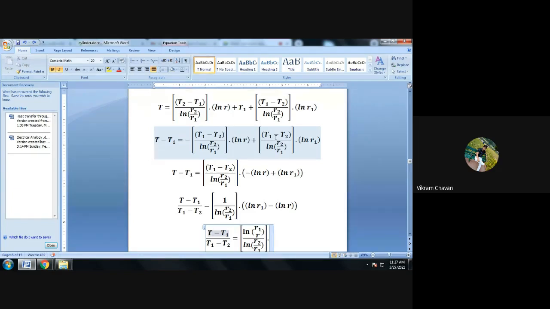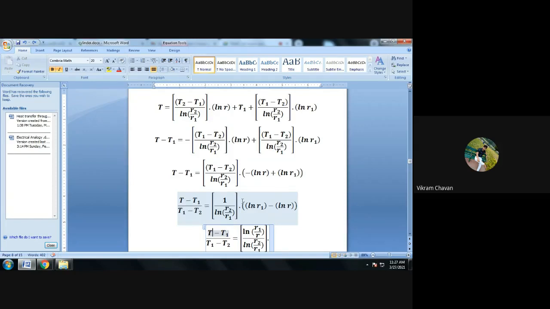Then we have taken the square bracket common. In the bracket, the remaining part is minus ln of R plus ln of R1. Then we shifted the temperature term to one side, so we get the equation in the form (T minus T1) whole divided by (T1 minus T2).